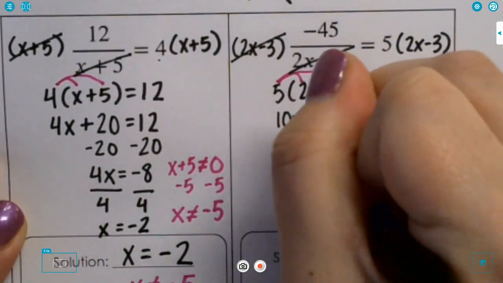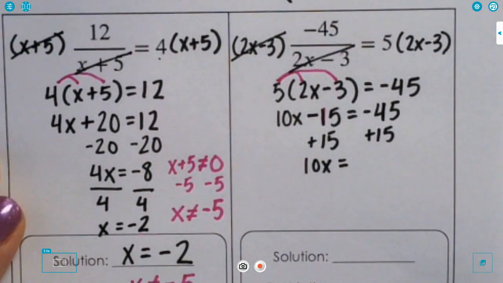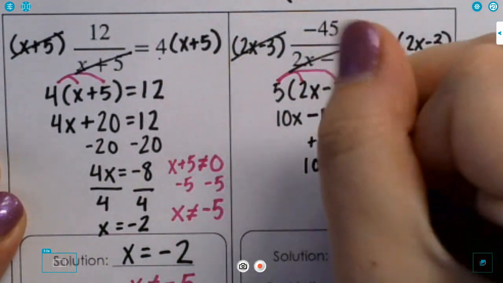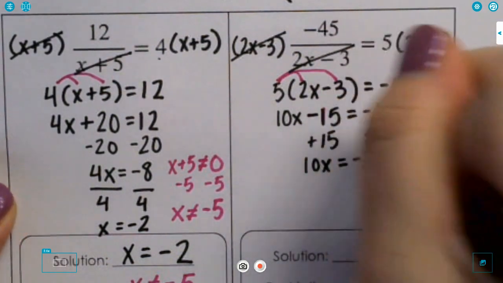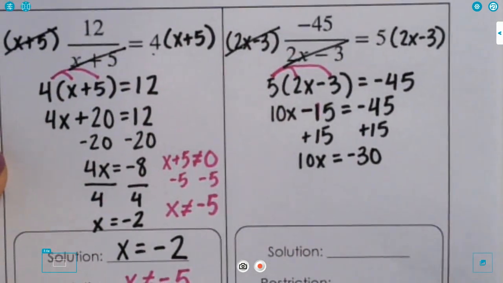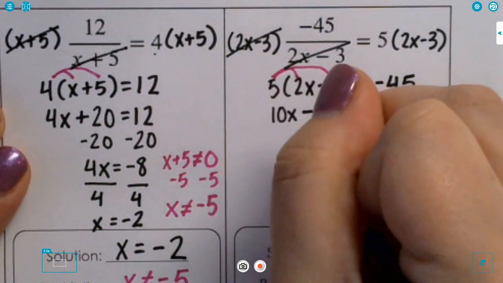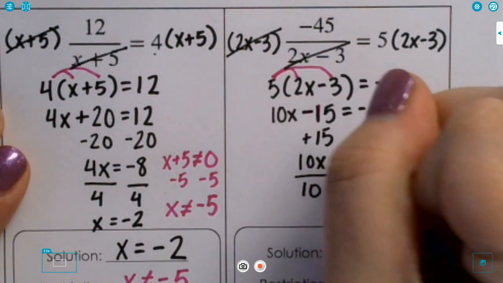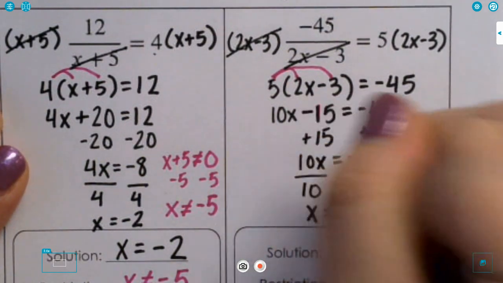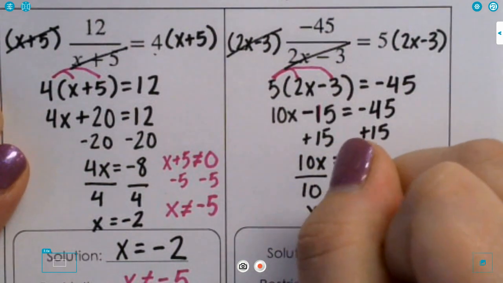So you get 10x equals negative 45 plus 15, which is negative 30. And then we divide both sides by 10. We get x equals negative 3.